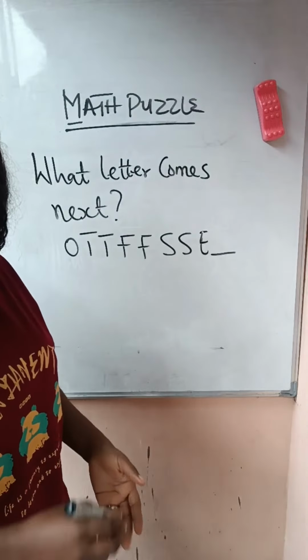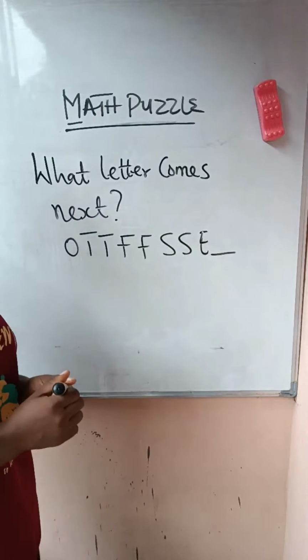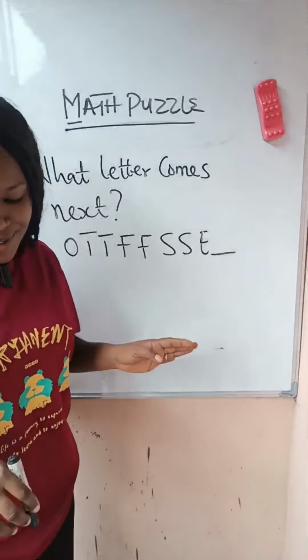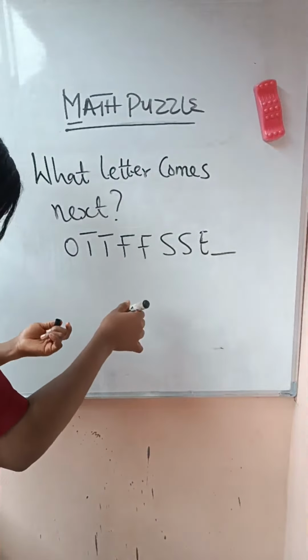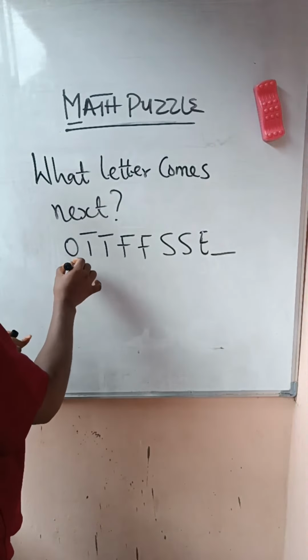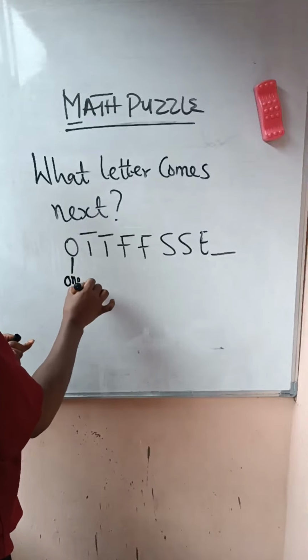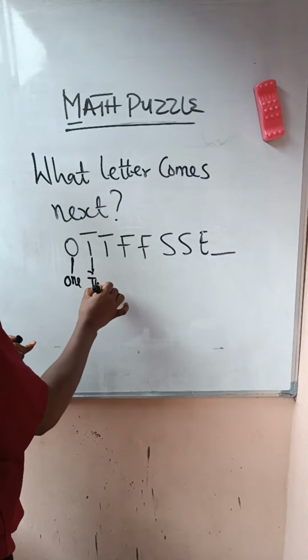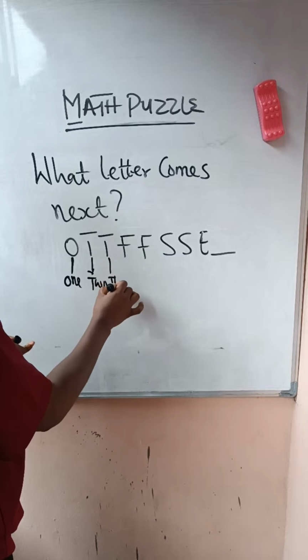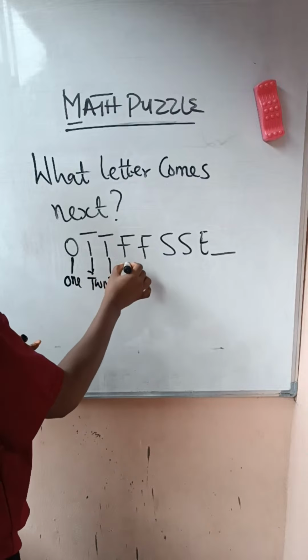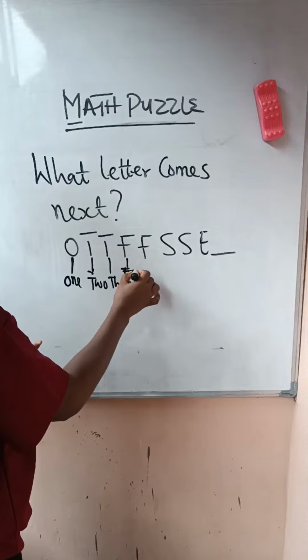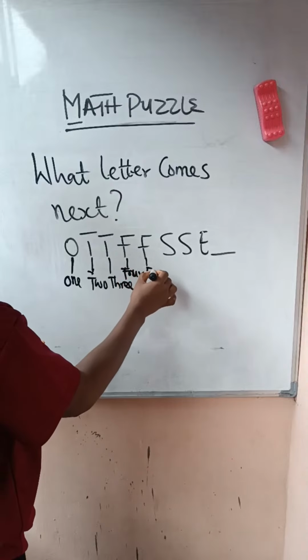Okay, so let me go. I told you you should think about the basic of mathematics. So this is it. This is 1. This is 2. This is 3. Okay, this is 4. This is 5.